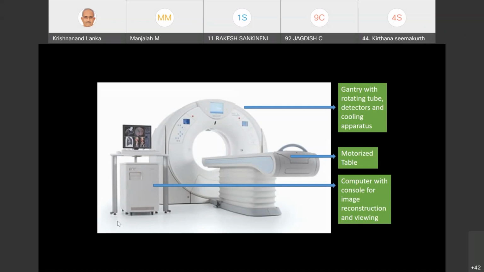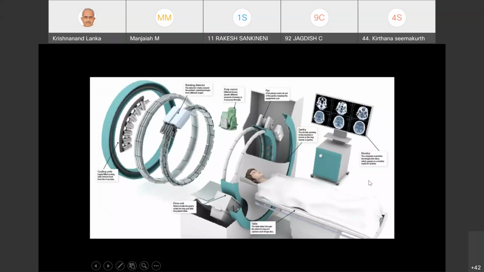Mostly the replacements we see are bone replacements, and we use additive manufacturing for bone replacement. So here you can see a blown up view of the same CT scanner, looks something like this, right?